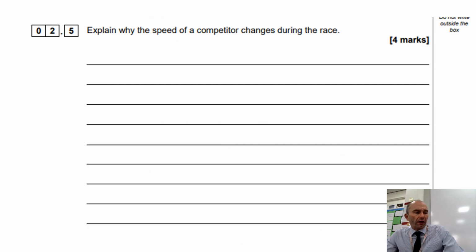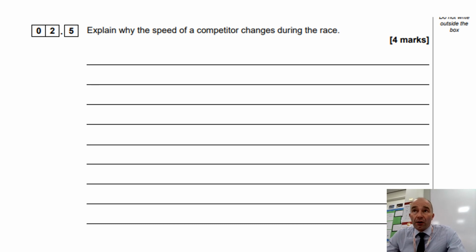And then 2.5, we need to try and explain why the speed of a competitor changes during the race. Now this is where you just need to think about it. I'm sure none of you use a wheelchair, however most of you probably ride a bike. And you need to think about, if you had to ride around that marathon course, what would affect your speed during the race?